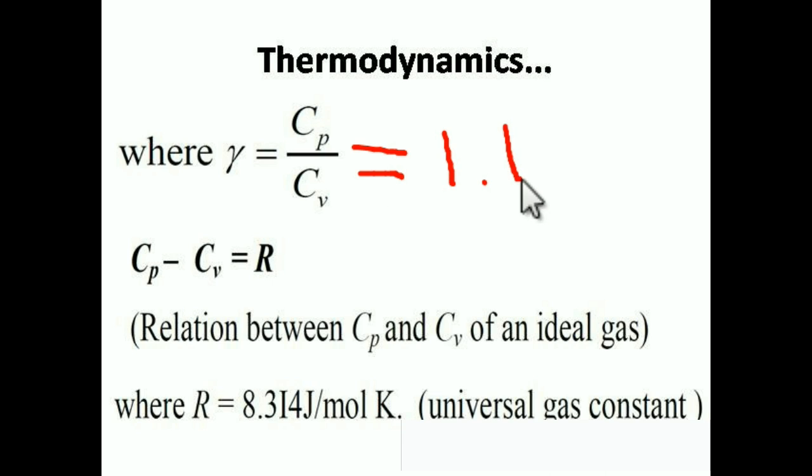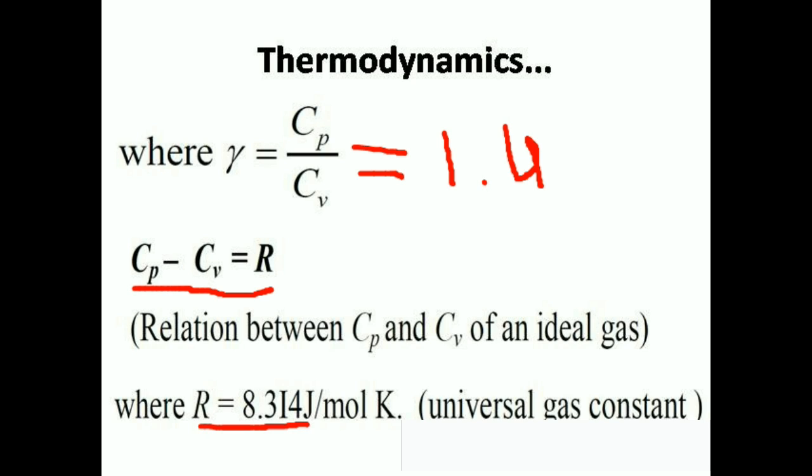You can also remember this equation, Cp minus Cv is equal to R, for finding the value of Cp and Cv, which can be helpful to find the value of gamma. R, as we know, is 8.314 joule per mole Kelvin, the universal gas constant.